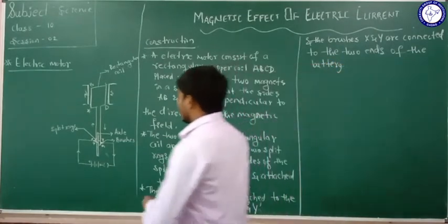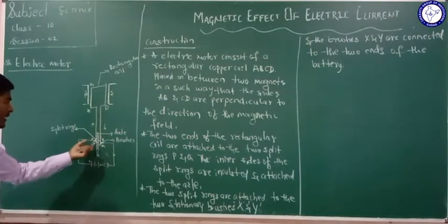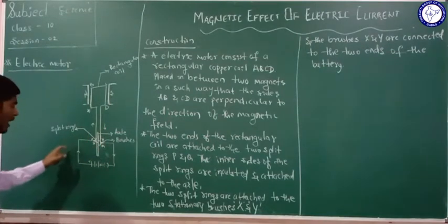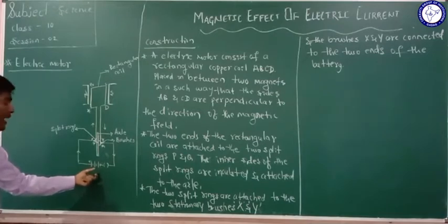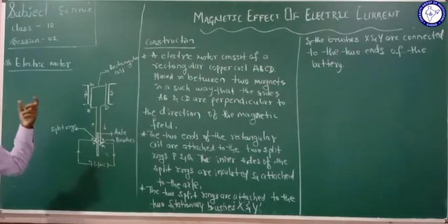These X and Y, the brushes of the split rings, are connected to the two ends of the battery, isn't it? So this is all about construction, how an electric motor will be constructed.